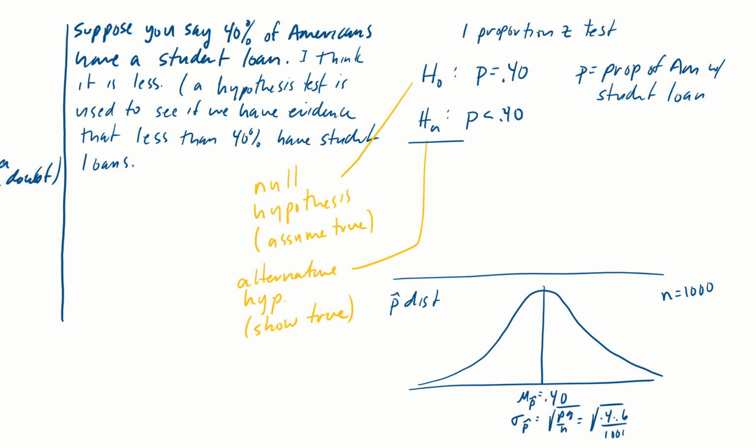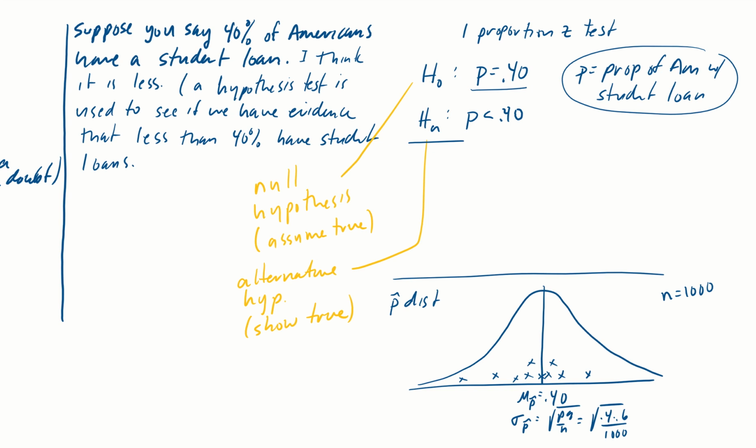If I take a sample of size 1000, it might be 41%, it might be 39%, it might be 38%, it might be 40.01%, it might be right on 40%, but it's going to bounce around 40%, right? If the true population proportion of Americans with a student loan is 40%, and that's what we're assuming is true, just like we assume you're innocent until we find you guilty.